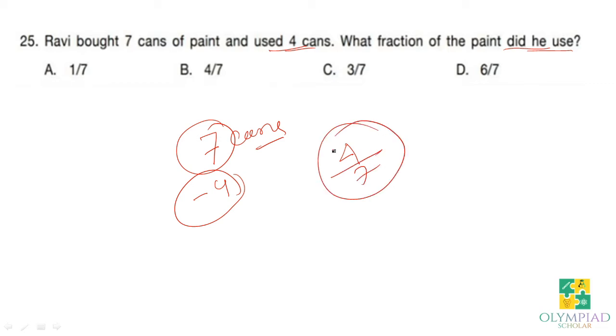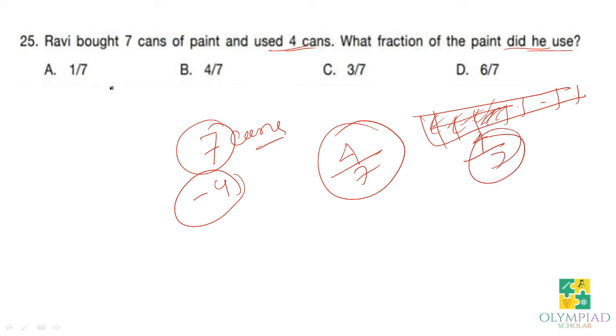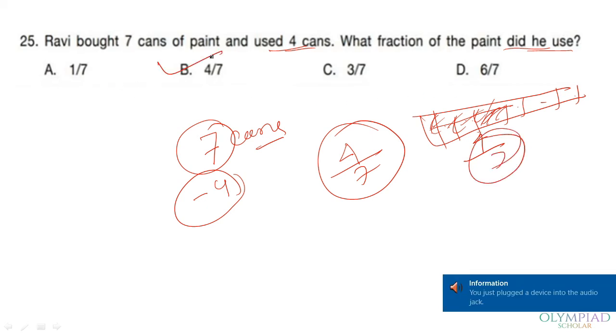If we do it like this, 7: 1 2 3 4 5 6 7. So she used 1 2 3 4. So it will be the fraction. How will you represent this? You will write it as 4 out of 7. So it is 4 out of 7, that is option B.